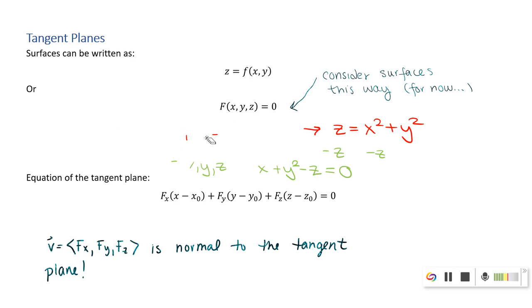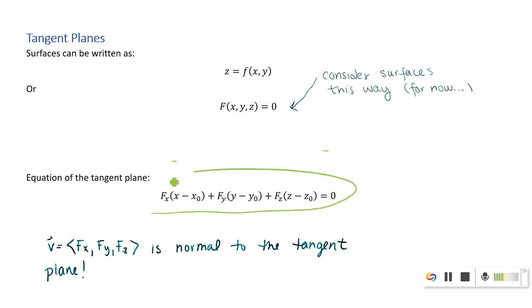So the equation of our tangent plane is going to be defined to be the partial derivative of our surface with respect to x times x minus x naught, partial with respect to y times change in y, partial with respect to z times change in z, where the x naught, y naught, z naught, that's the point of tangency. That's where that plane is touching the surface. And again, the f sub x, f sub y, f sub z are my partial first order derivatives.